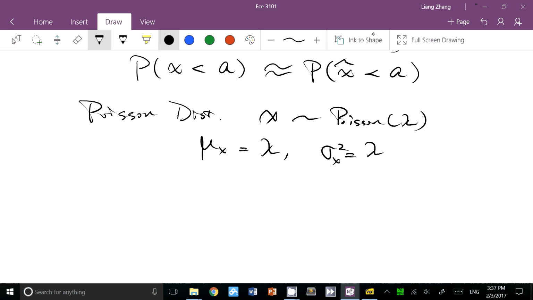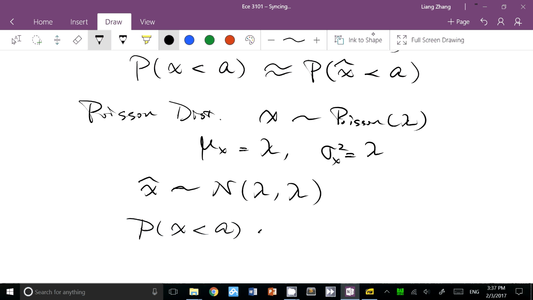So if you want to define an approximating normal random variable, apparently use the same mean and the same variance, and it's not difficult to find out by calculations or by using computers that this relationship will hold for almost all a's within the physical range.